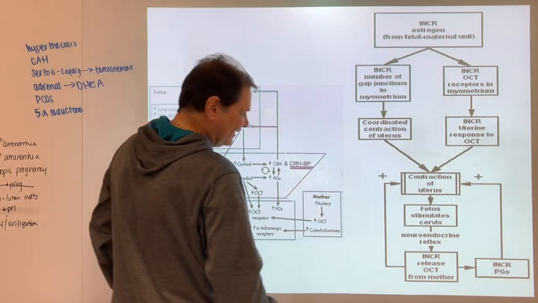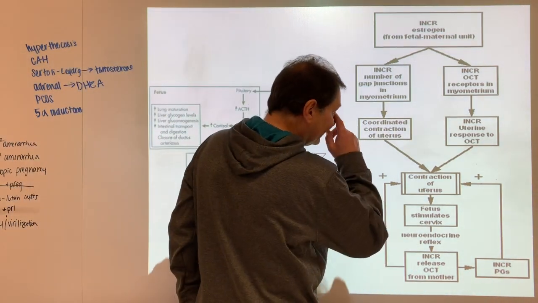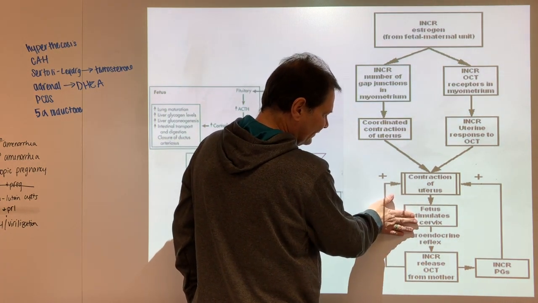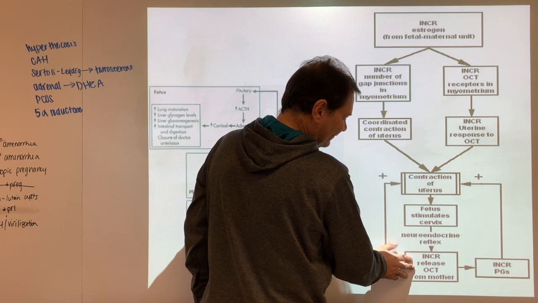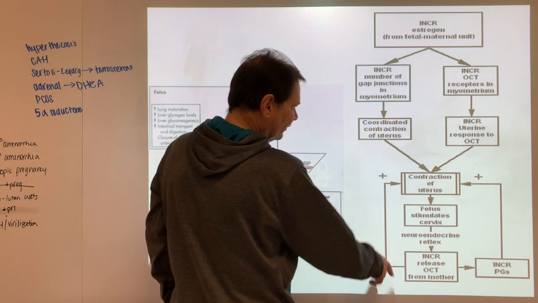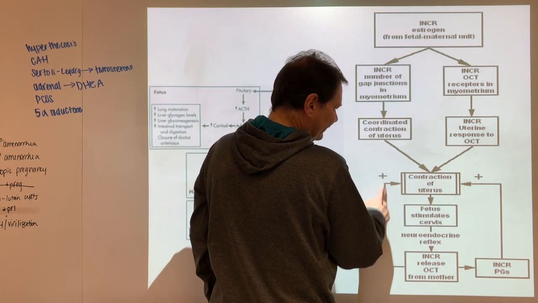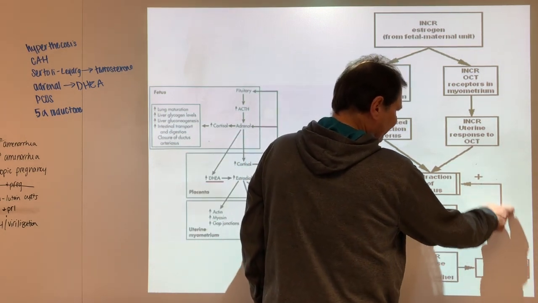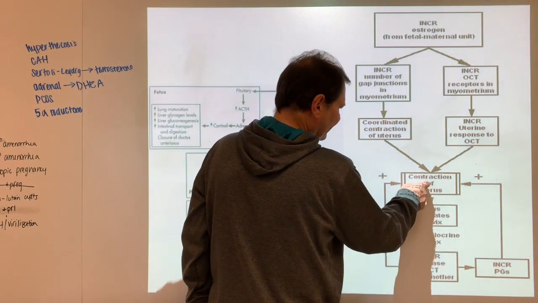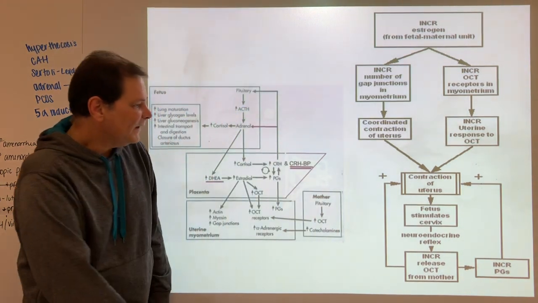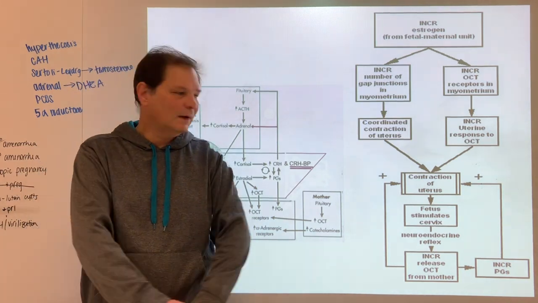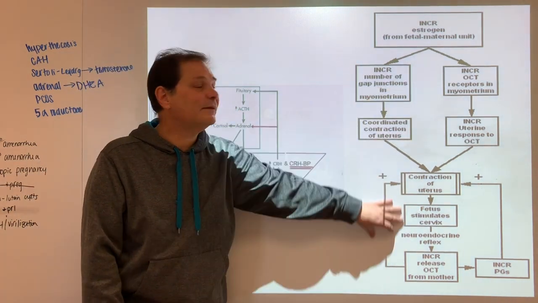And then eventually you get your contractions, the fetus gets shoved up against the cervix, you get your neuroendocrine reflex, and you increase oxytocin from the mother, which feeds back and causes contraction of the uterus, and you get increases in prostaglandins, which also feeds back and causes increased contraction of the uterus. And so you eventually get parturition. So this is encapsulated in this figure here.